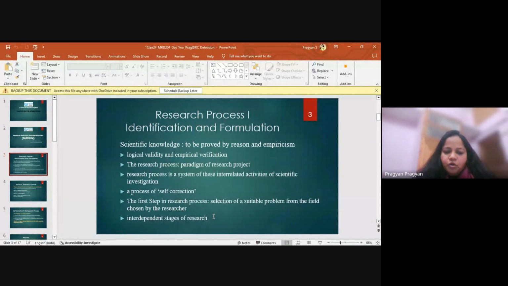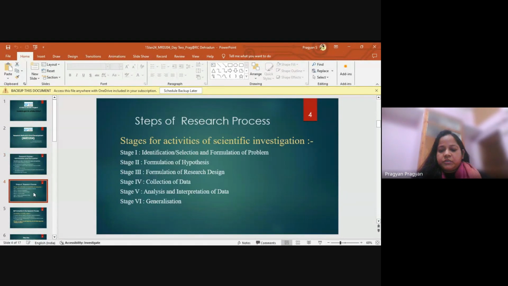So this is the first step in the research process, selection of a suitable problem. Let's talk about the other stages together. In this slide, you can see these 6 stages. Sometimes this number can be reduced to 5, where generalization is not supposed to be a different stage. But here, it is good.